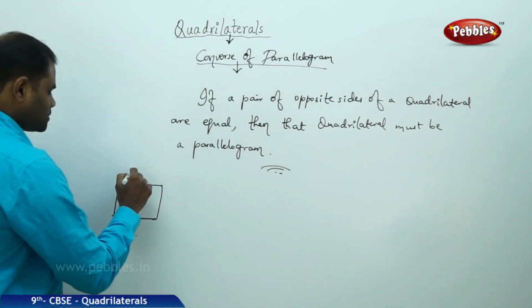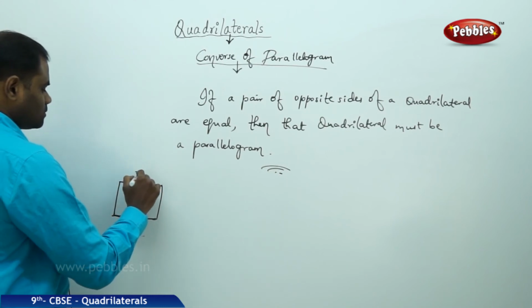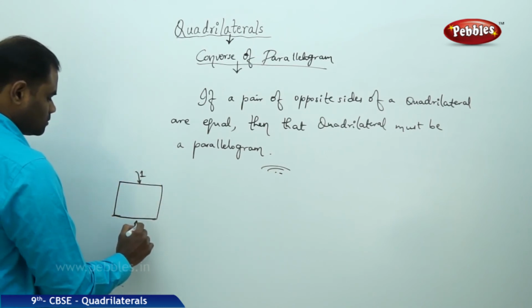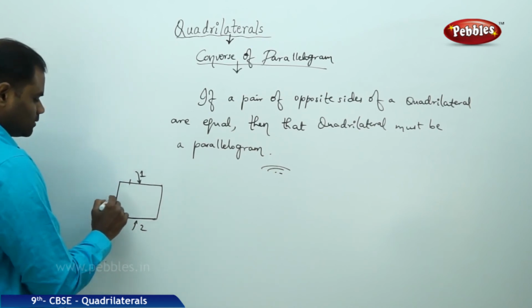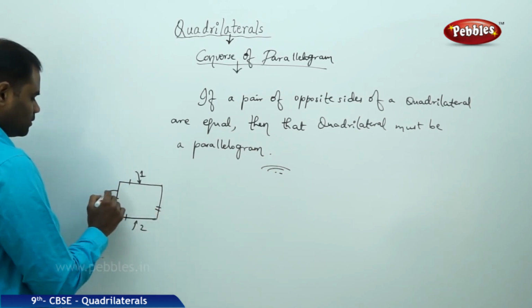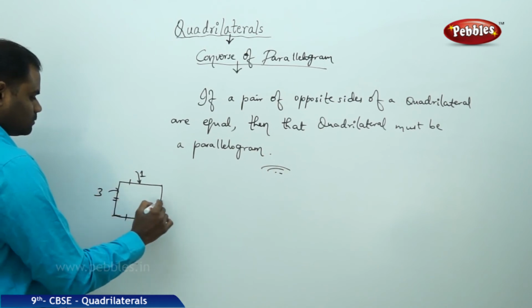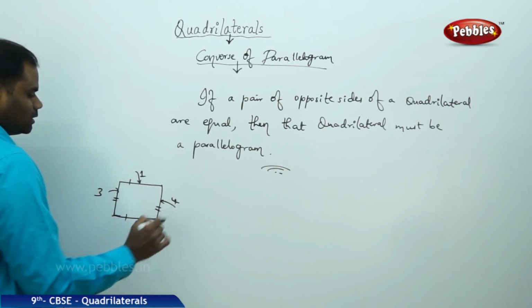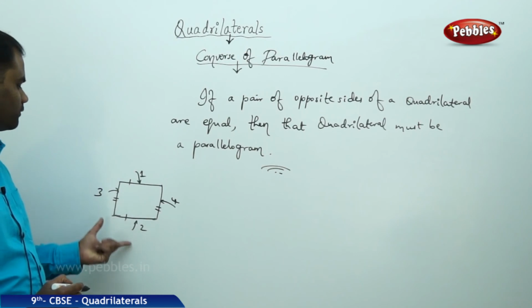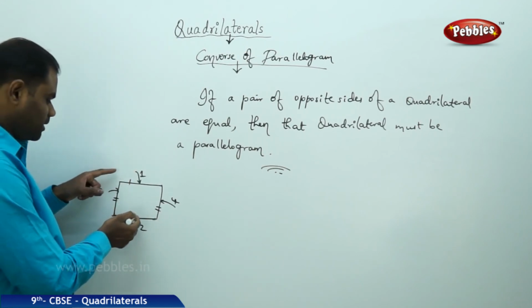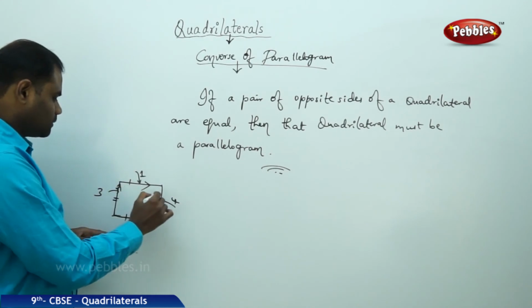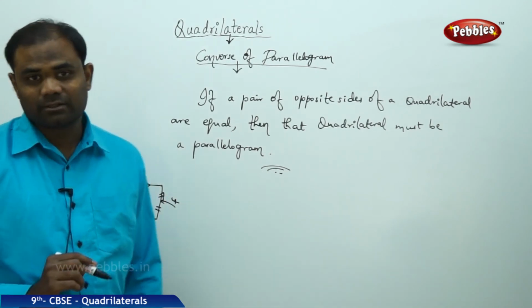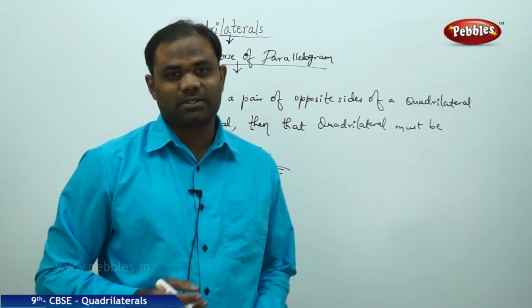So the four lines, these two being of equal length and these two being of equal length, clearly I get a closed figure in which the opposite pairs being equal makes it indirectly parallel, is how we understand the converse of the previous session.